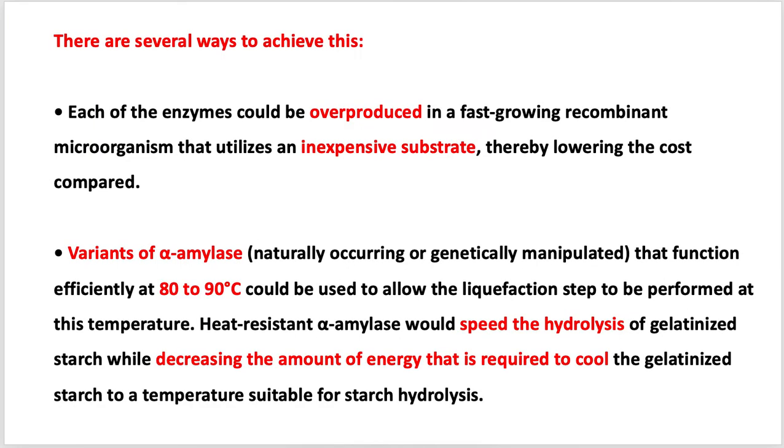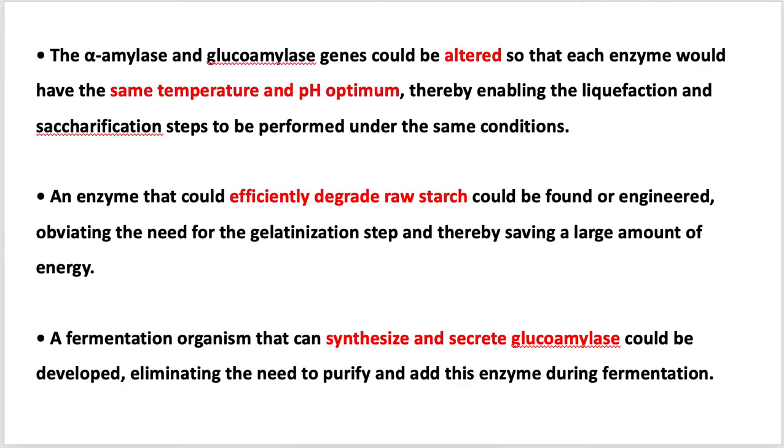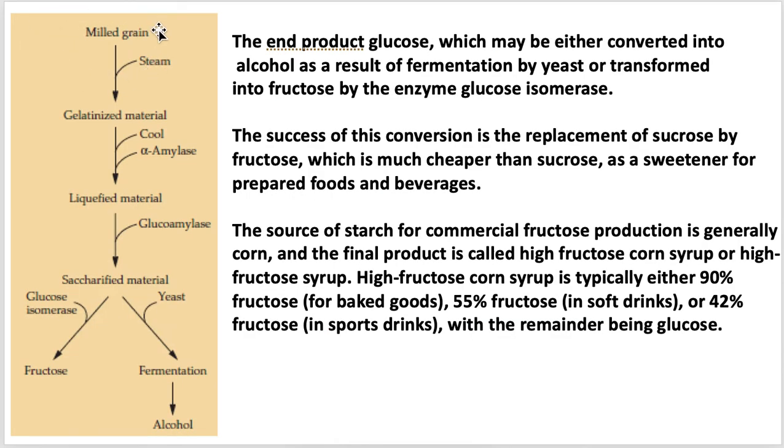Indeed, scientists are trying different approaches. There is another strategy to address the problem. For example, if we can engineer an enzyme which can efficiently degrade raw starch. What does that mean? The milled grain is the raw starch. In this process, gelatinization is important.